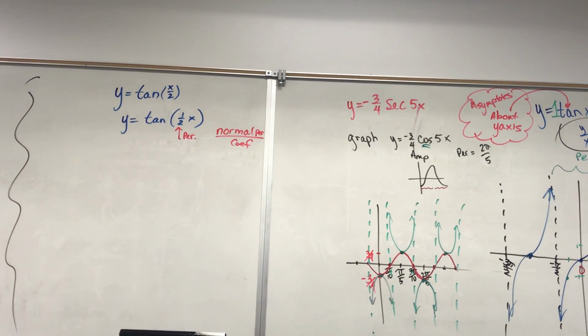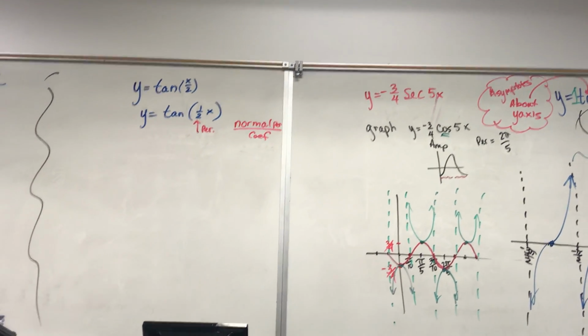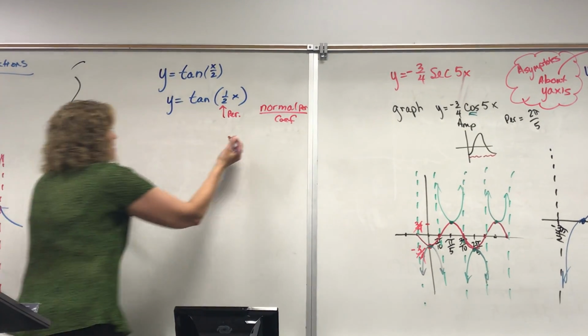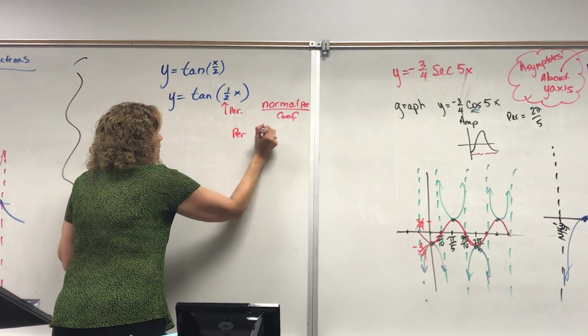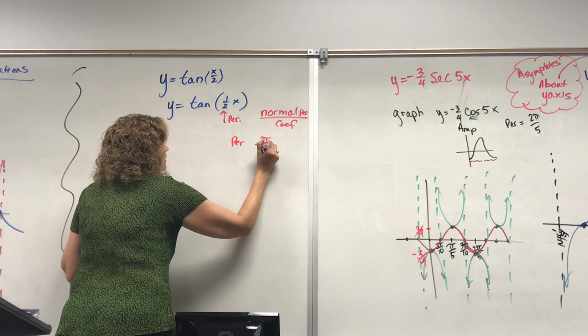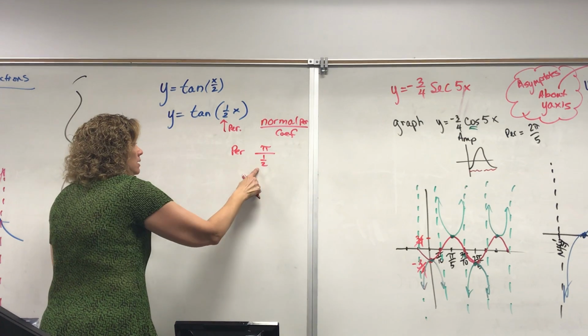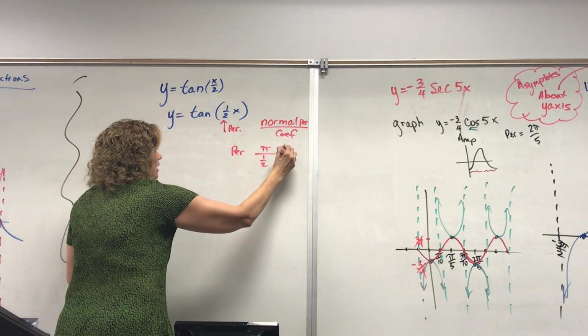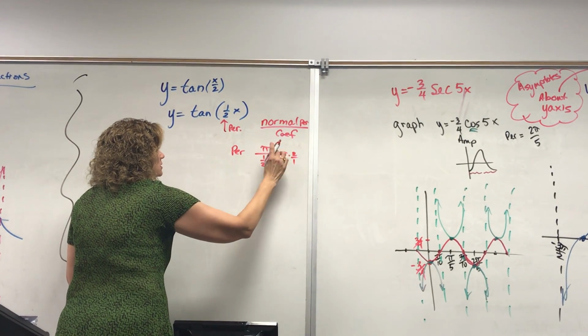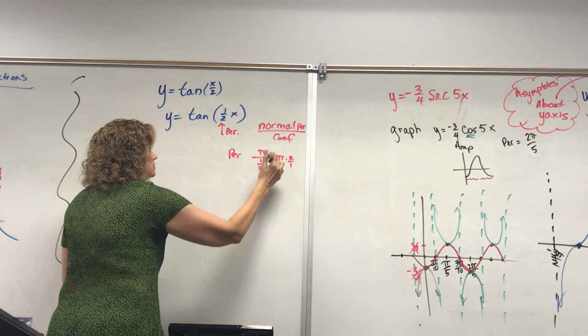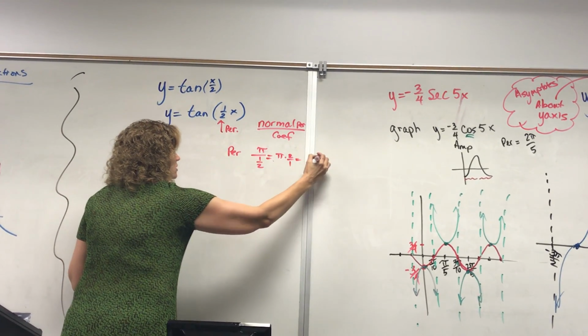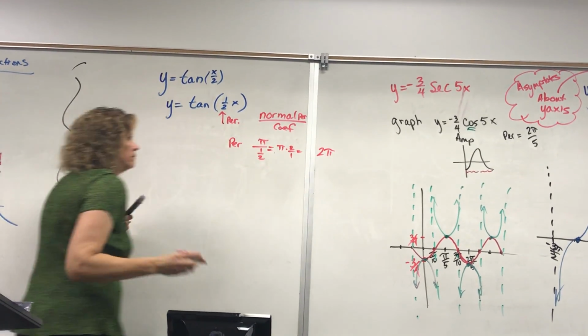Normal for tangent is pi. So this period is going to be pi divided by 1/2. Then we're going to say pi times the reciprocal. So when we do that, we get 2 pi.